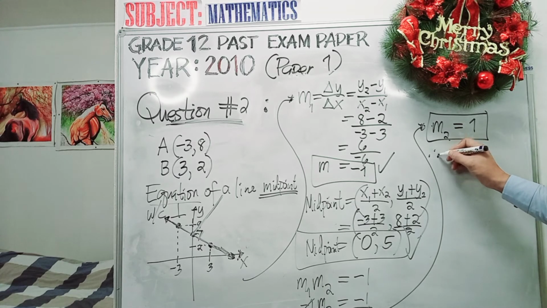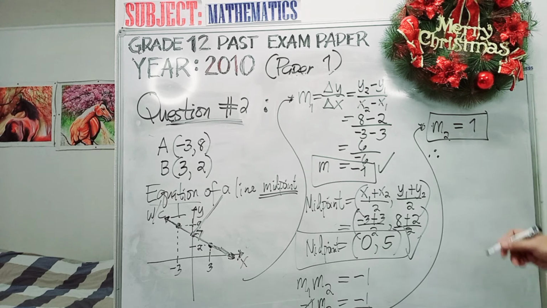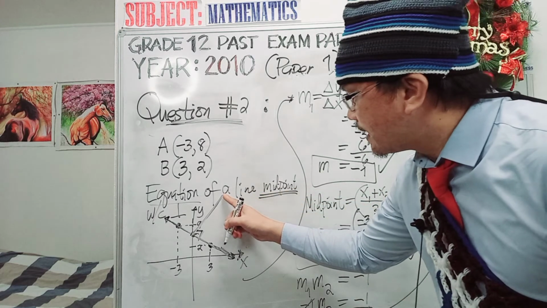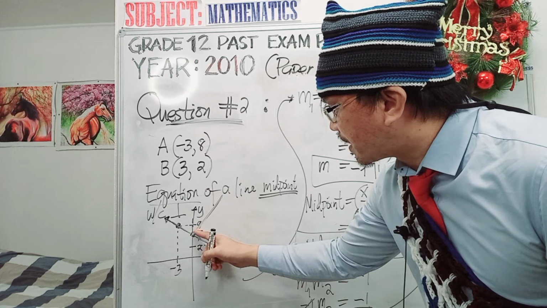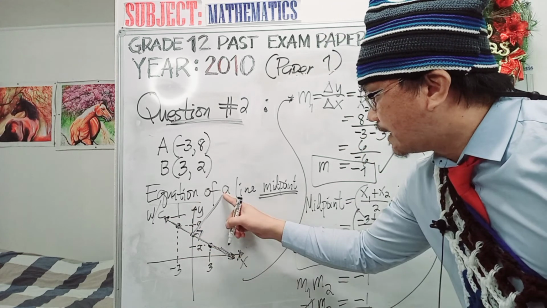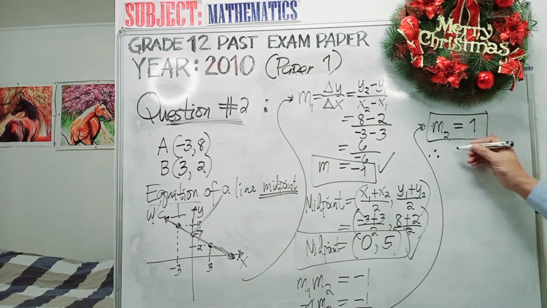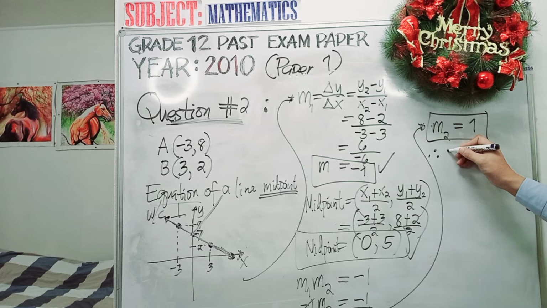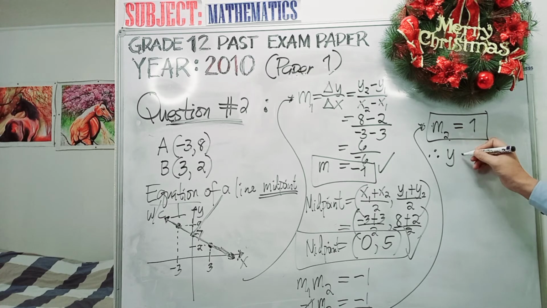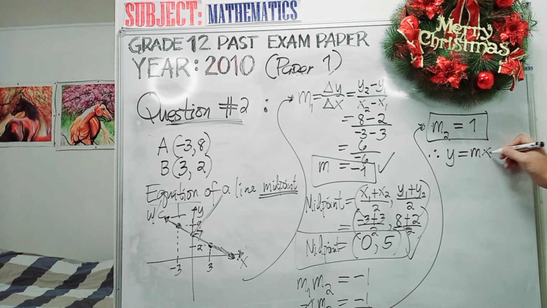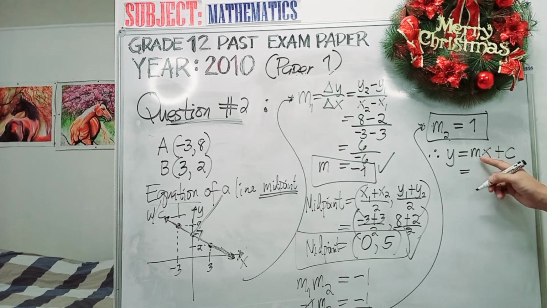Therefore, are we now ready? The equation of this line that is perpendicular to this line and also passes through the midpoint of this line is, let's remember this one, y is equal to mx plus c. Okay? Y is equal to mx plus c. So our gradient is positive 1, so 1x.